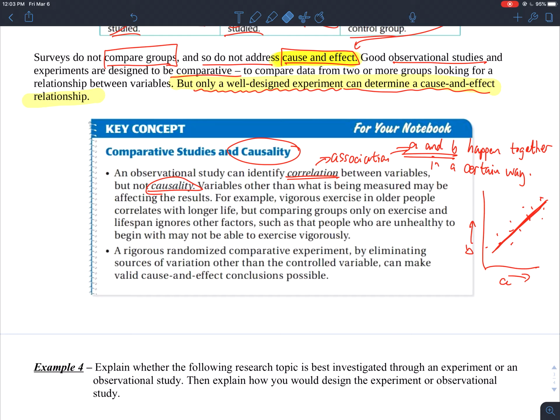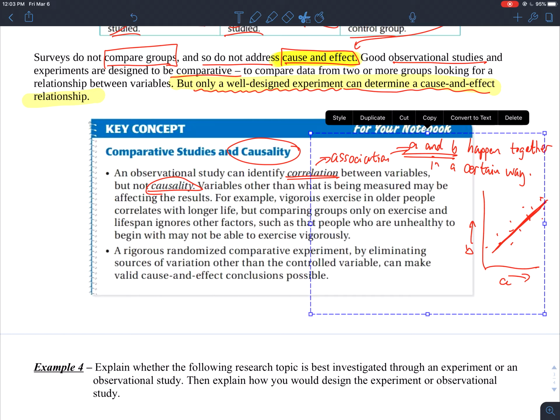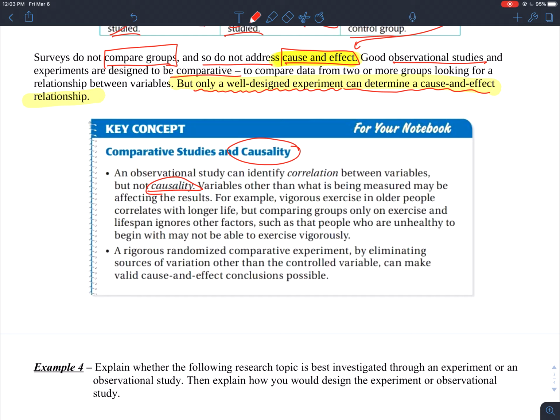So, that's not actually part of this lesson, right? That's a whole big topic on its own. Correlation and association is a huge topic for AP statistics. So, an observational study can identify those things, but not causation. I can't say A causes B. Variables other than what's being measured may be affecting results in an observational study.